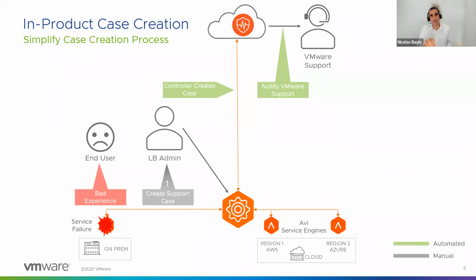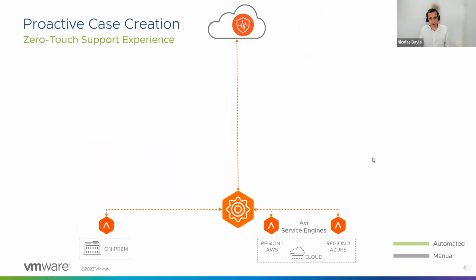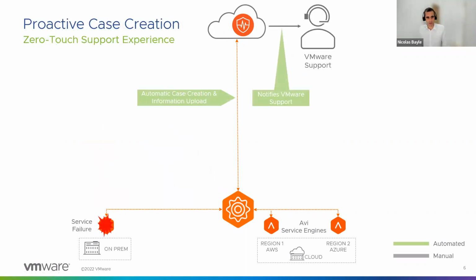And again, because the AVI controller knows your environment, it knows everything. And here you see that we still have some manual tasks or actions that are required on your side, but after it's green, it's fully automated. How can we go further? Well, we have something called the zero touch support experience.